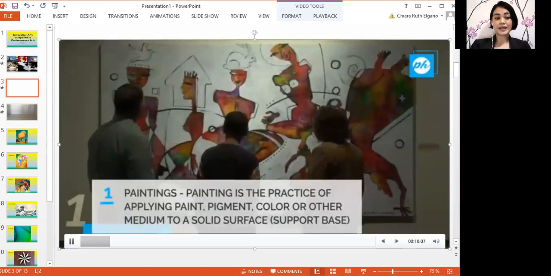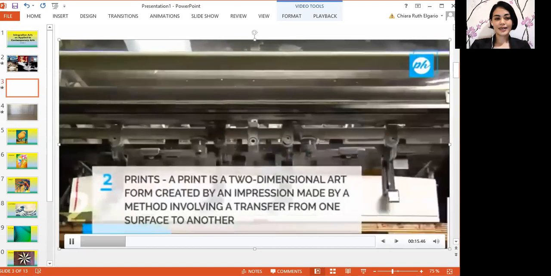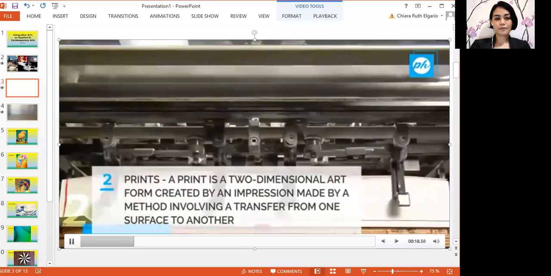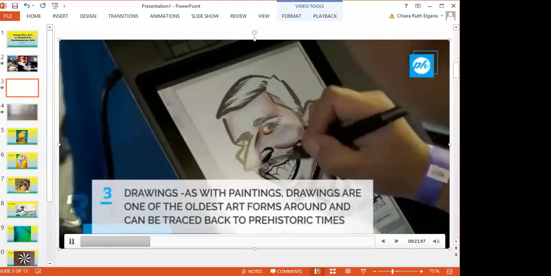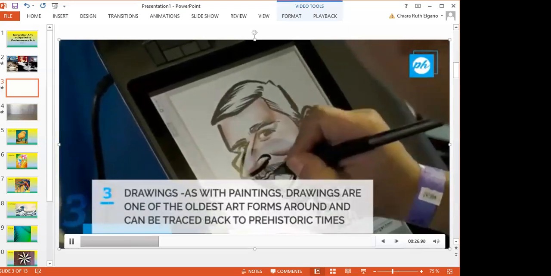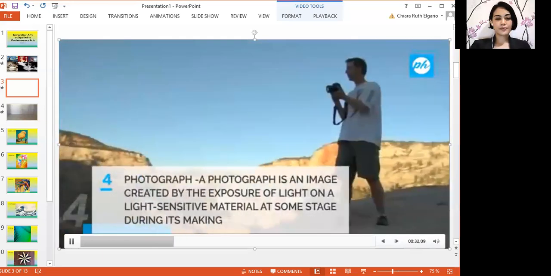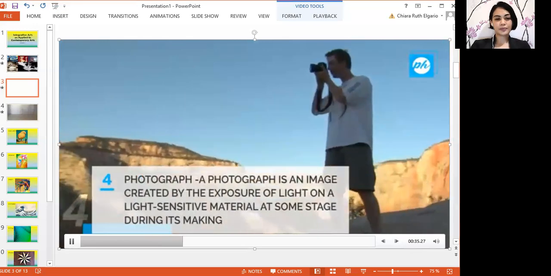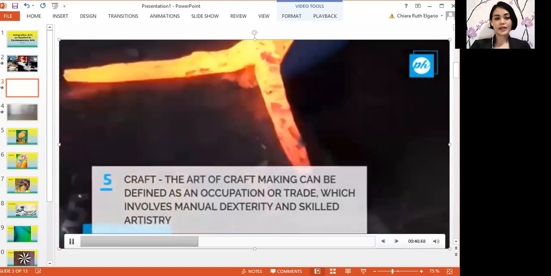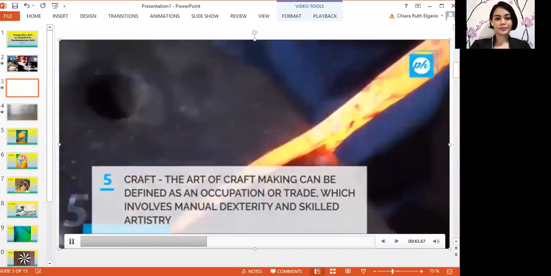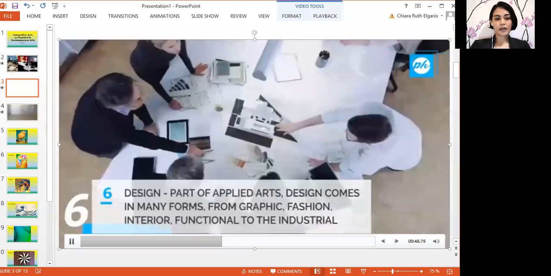First, we have painting. Next one, we have print. Drawings, photograph, craft. Next one, we have design.